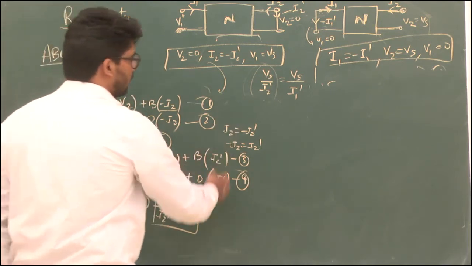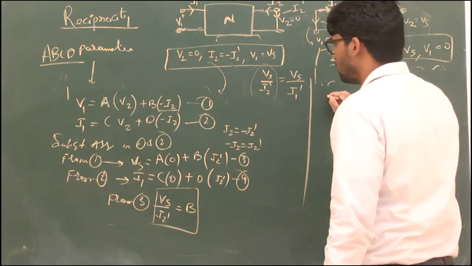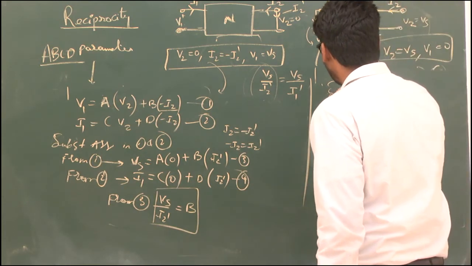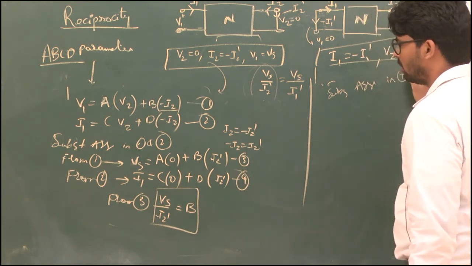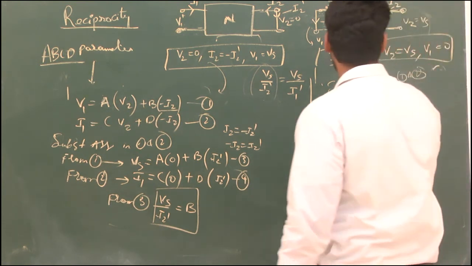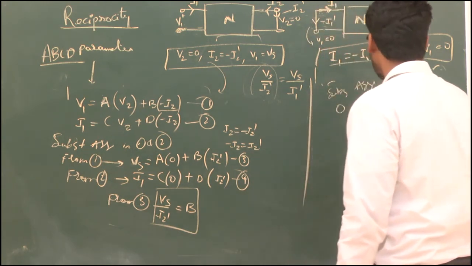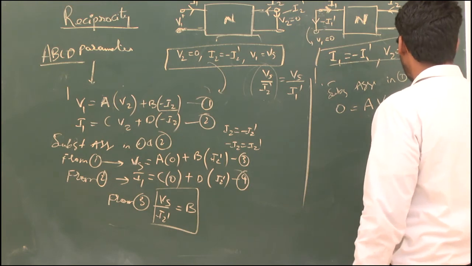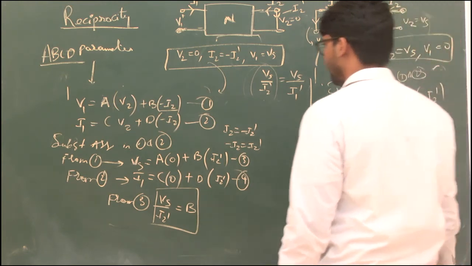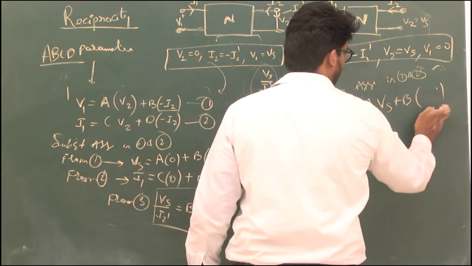We'll use it here. Now similarly, substitute these assumptions there, in 1 and 2. So V1 is replaced with 0, equal to A into V2, which is replaced with Vs, plus B into minus I2, which is kept like that only. I2 is minus I2.